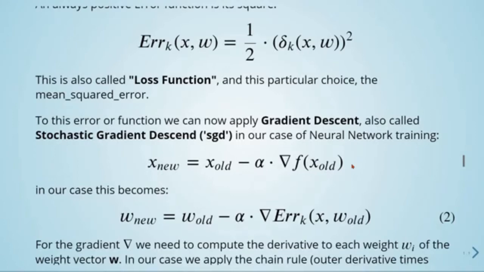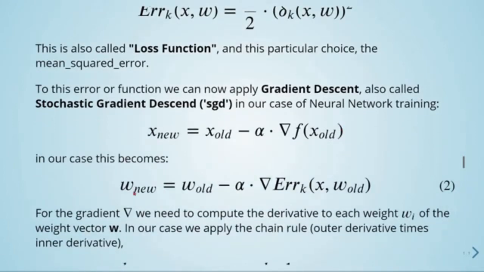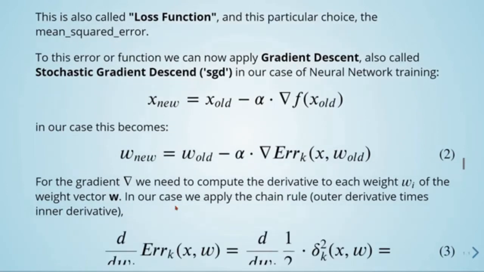In our case, it will now become w new, so the weights will be w old minus alpha times the gradient of the error k depending on x and w old. So for the gradient nabla, we need to compute the derivative with respect to each weight w of the weight vector w.